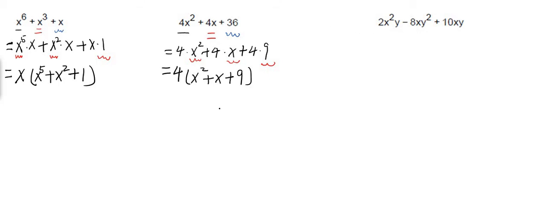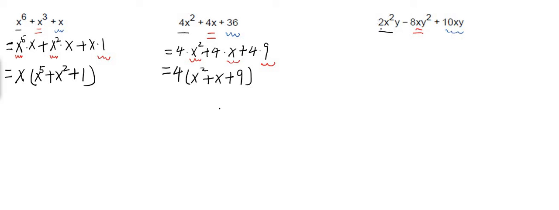Again, we're gonna observe that we have three terms: 1, 2, 3, and we can find for each term we have 2. For the first one 2, and 8 can be written down 2 times 4, and 10 can be written down 2 times 5.